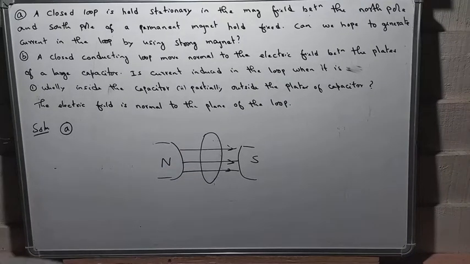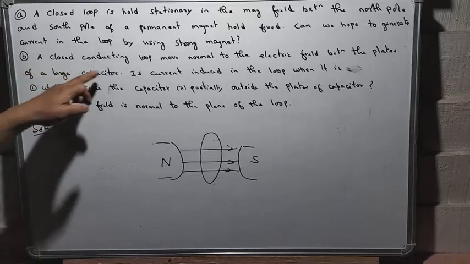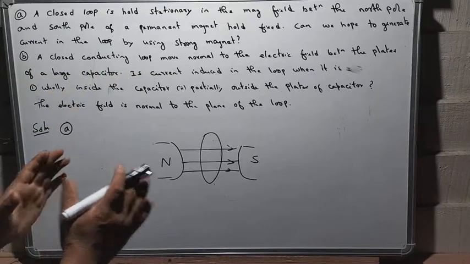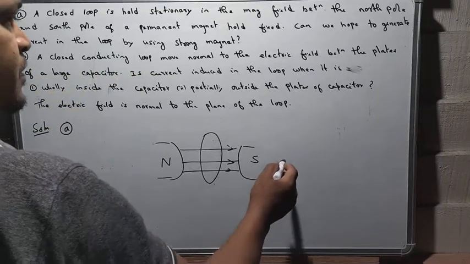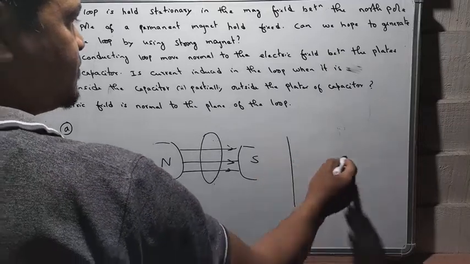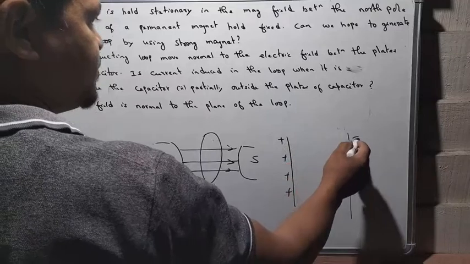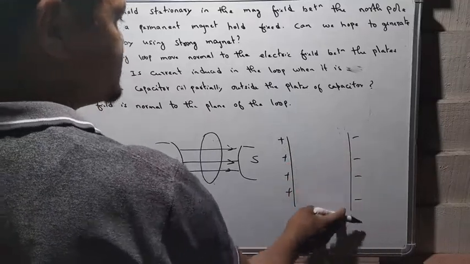Okay, look at the second question. Question number B says that a closed conducting loop moves normal to the electric field between the plates of the capacitor. Okay, so these are the plates of the capacitor in which one plate is positive and the other is negative.